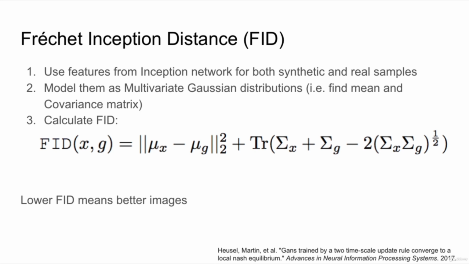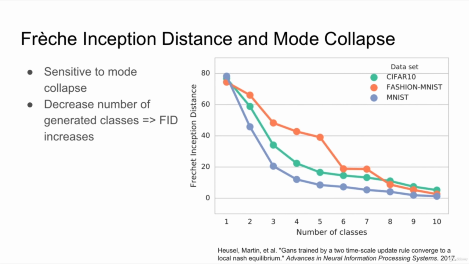We do this both for real and synthetic images. Then we compute FID with the equation on the slide, as the difference of means and the trace of the square distance of covariance matrices. The lower Fréchet inception distance, the better is synthetic image quality. Fréchet inception distance was shown to be sensitive to mode collapse, which is good for us. When our generator samples images only from a subset of classes, the FID starts increasing.